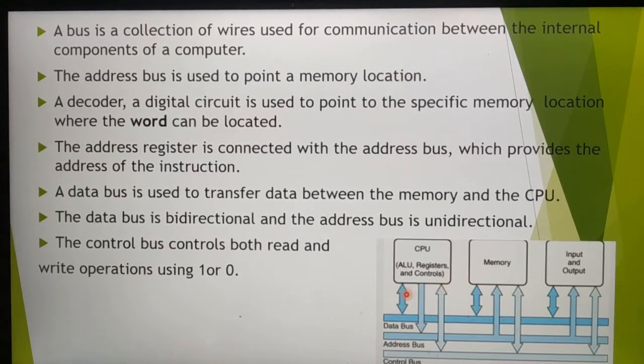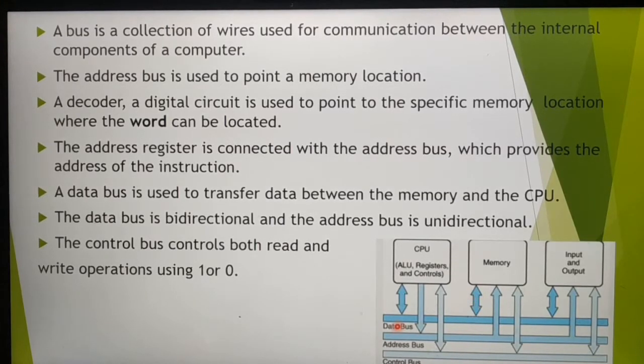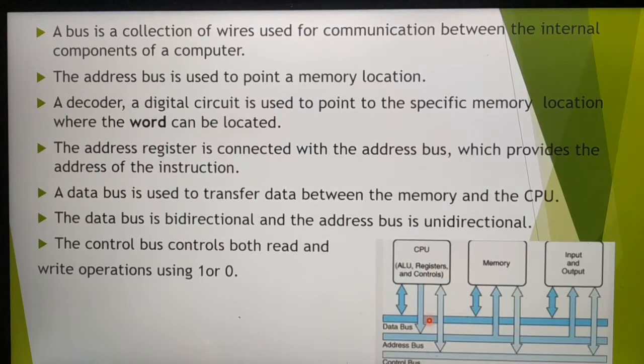Here it is two-way communication. The data bus is two-way communication. You can see it in the arrow. But the address bus carries the address information from processor to memory only. It is one-way communication. You can see this arrow. The control bus controls both read and write operations using the signals of 1 and 0.